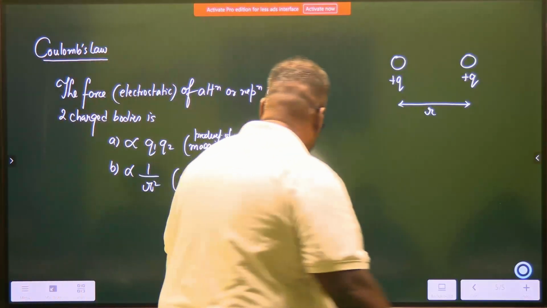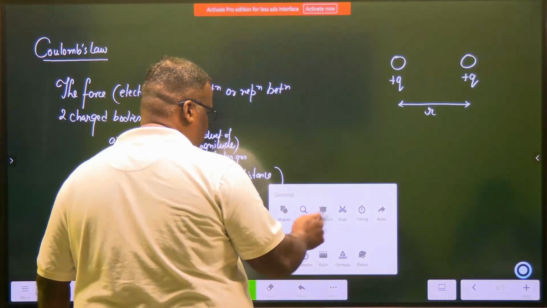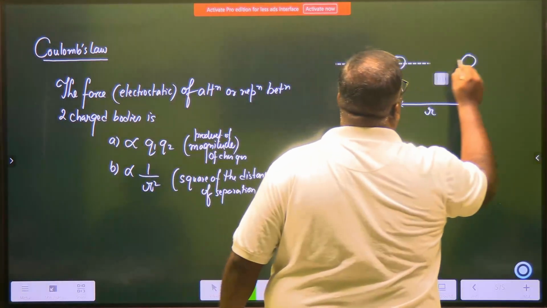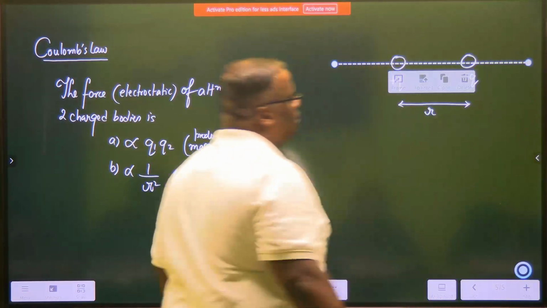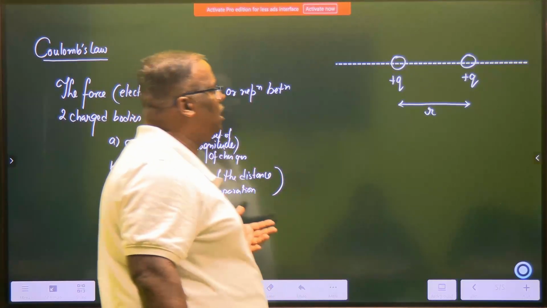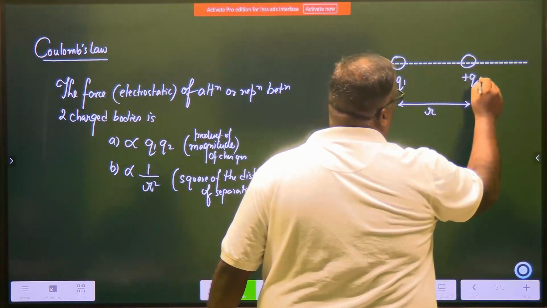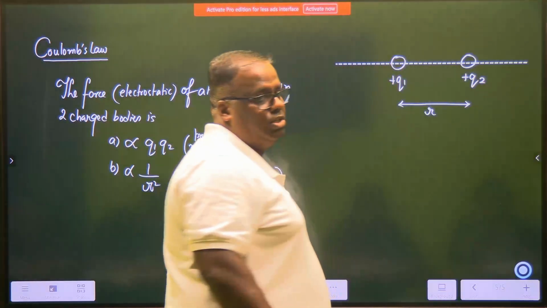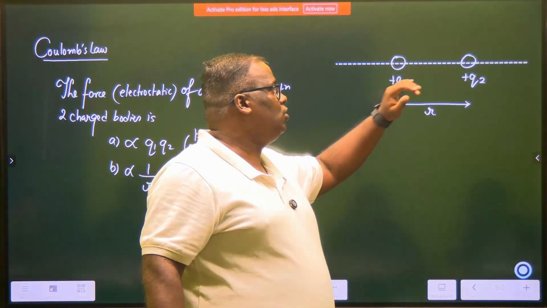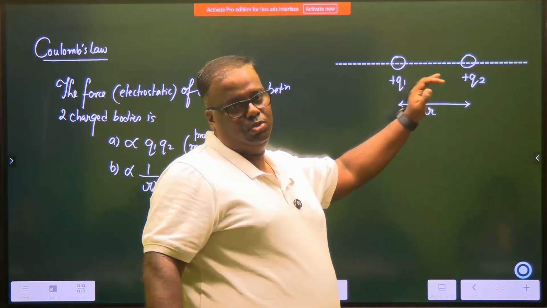And this force, there are some more interesting things that we should note out here. So out here, what do you see, children? I see that I have got a charge Q1 and a charge Q2. So it will be a repulsive force, right? And the force will always act along the line joining the two charges, right?